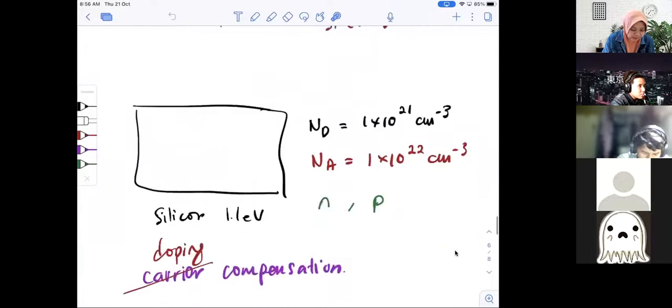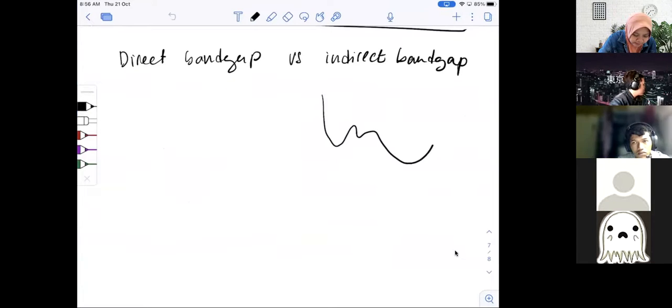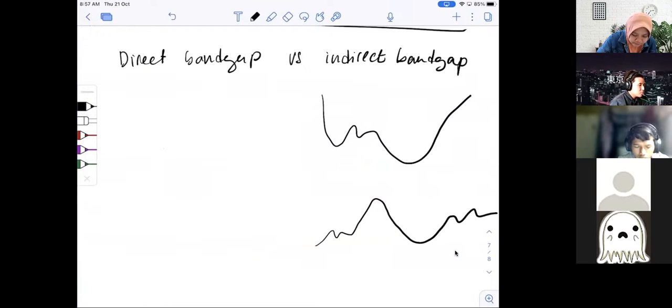So if it's an indirect band gap, you have something like this, for example, and you have like this, something like that. The minimum of the conduction band is not exactly aligned with the maximum of the valence band.